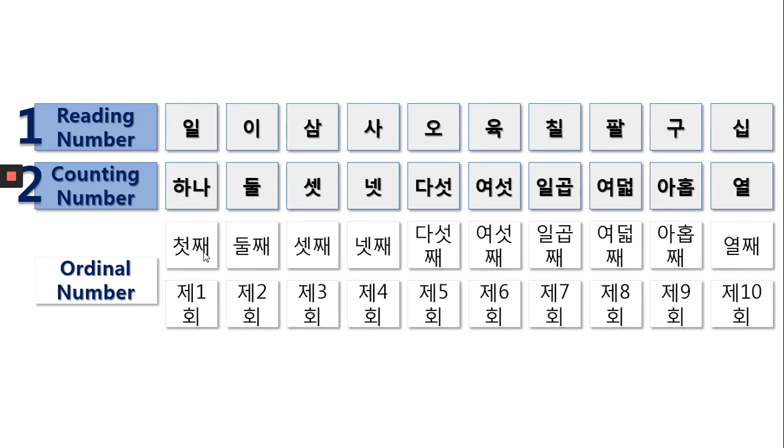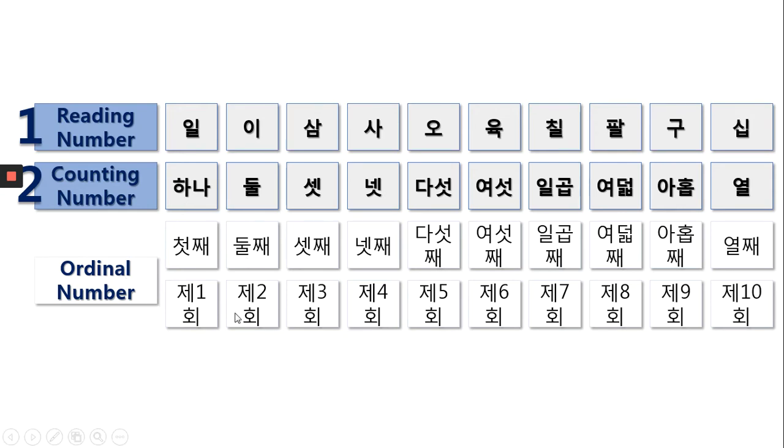But above third, like fourth, they start to put th behind the number. In the Korean number system, only the first one has its own word, 첫째, not 하나째 or 일째. Except for 첫째, we just put 째. It's like th in English.